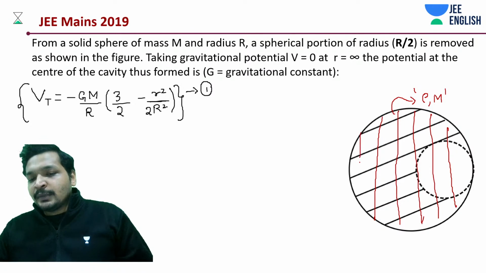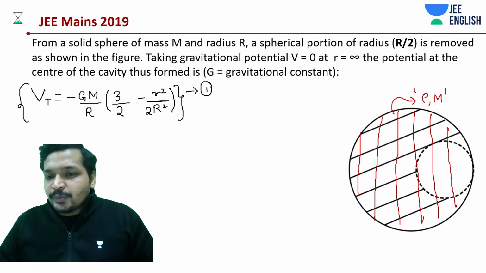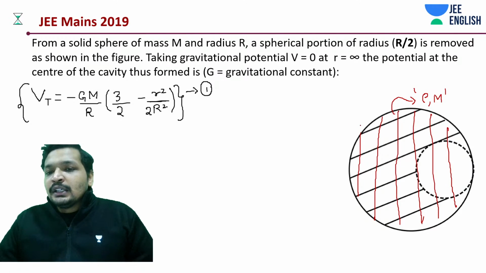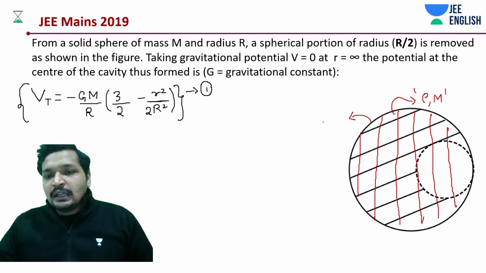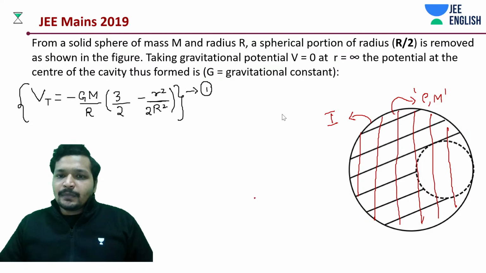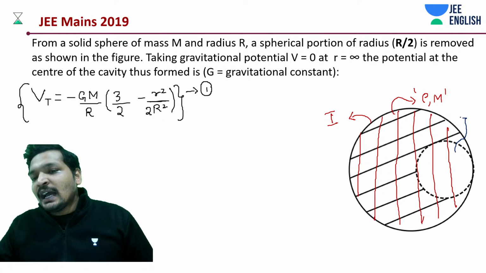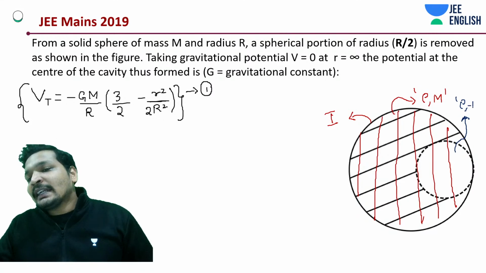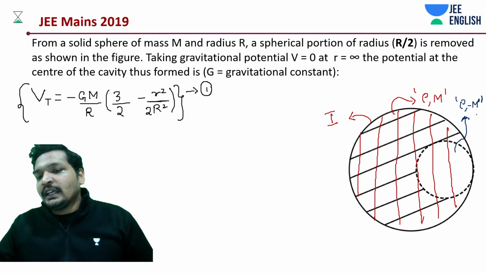Then we will be assuming the cavity to be having some negative mass, which actually is not true. So think about it as two parts. One part is just this. And for the other, you took some cavity having the same density rho but some negative mass m dash.